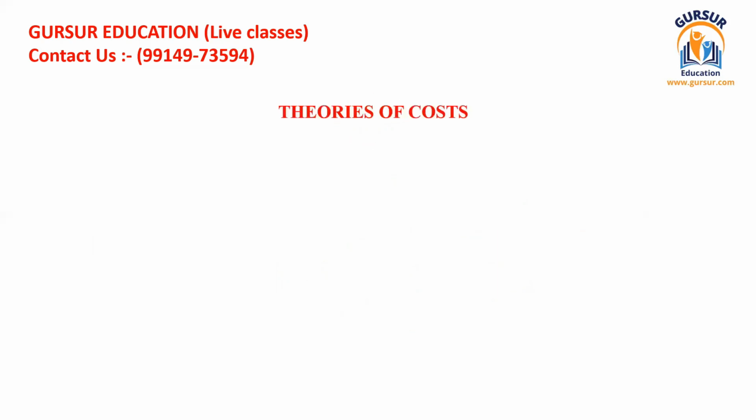So first of all, before studying all these five concepts, you have to divide the theories of cost into two parts, as I have already told you, on the basis of a short run and on the basis of a long run. Moreover, these are divided into two further differentiations: the traditional theory of cost and the modern theory of cost.